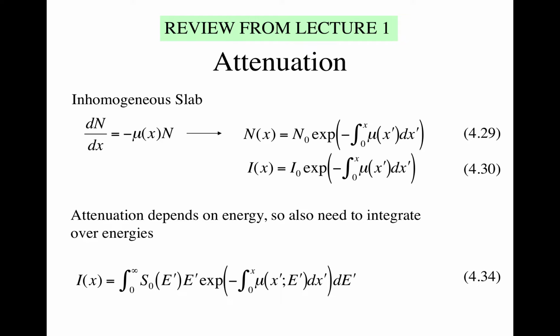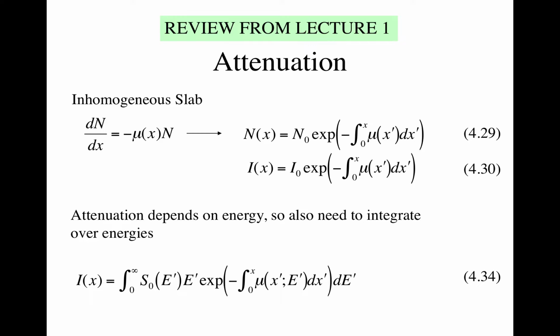So the interesting thing happens when you have an inhomogeneous slab of material, right? Now a person isn't a bag of water or 1 millimeter of copper, right? They're this sort of conglomeration of stuff.